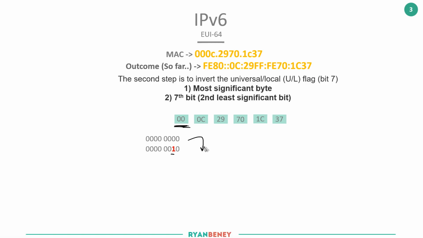Now we need to put it back into hexadecimal. So we focus on the first 4 bits, we know that's 0. And if we look at these bits, 0, 0, 1, 0, and we put it in our decimal conversion chart, we've got 1, 2, 4, and 8.